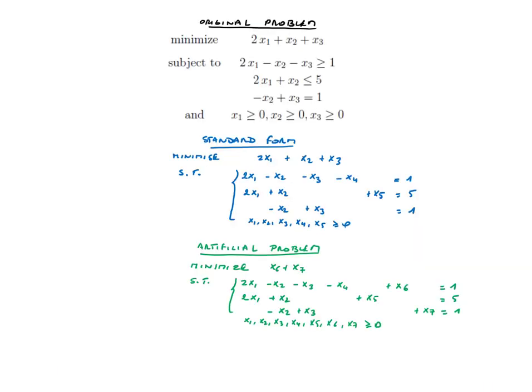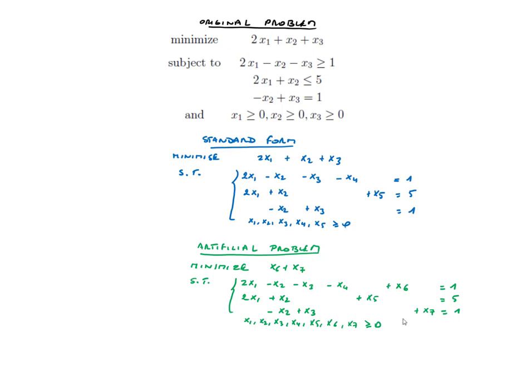Let us have a look at an example that comes from the exercises available on the web page of the course. So above you have the original problem. Note that this original problem has 3 constraints and the types of the constraints are different. You have larger or equal, smaller or equal, and equal.